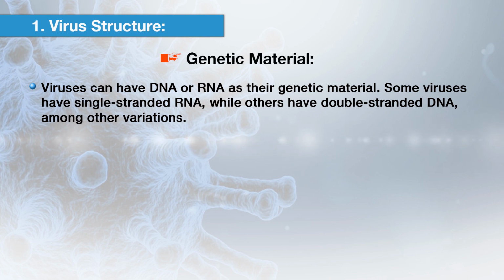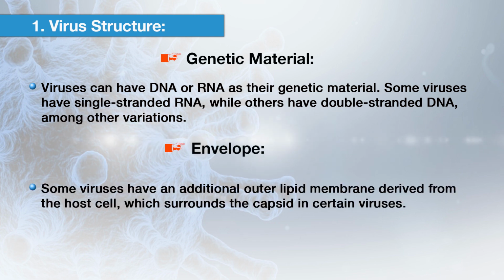Some viruses have single strand RNA, while others have double strand DNA, among other variations. Envelope: some viruses have an additional outer lipid membrane derived from the host cell, which surrounds the capsid in certain viruses.